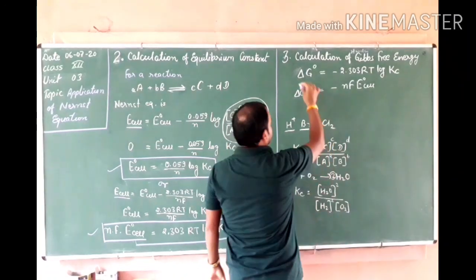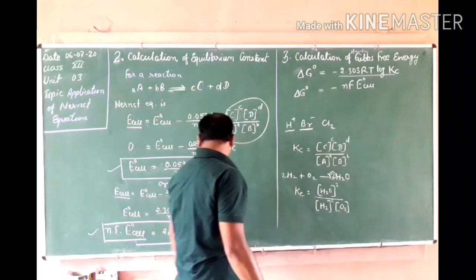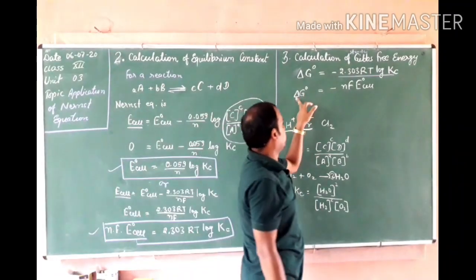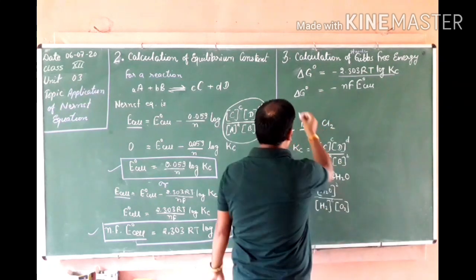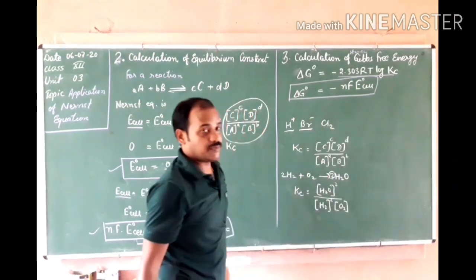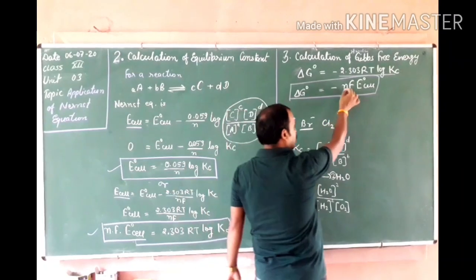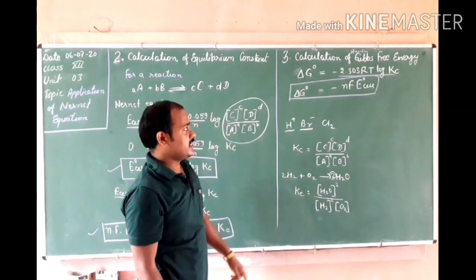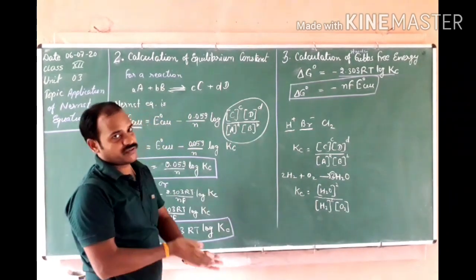From here, put the value of 2.303 RT log Kc, which is nF E naught cell. So here we will write delta G naught is equal to minus nF E naught cell. From this equation we can calculate the standard Gibbs free energy. Here n is the number of electrons, F is the Faraday constant, and E naught cell is the standard EMF, electromotive force, of the cell.